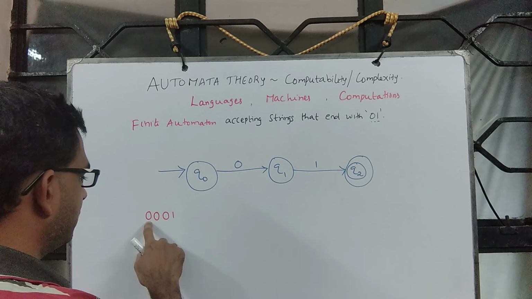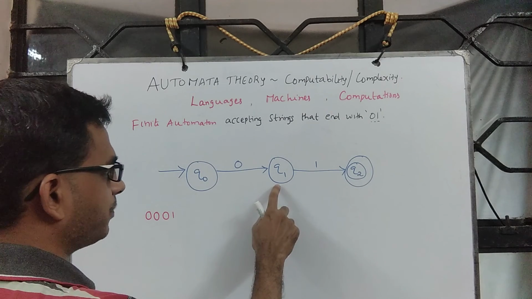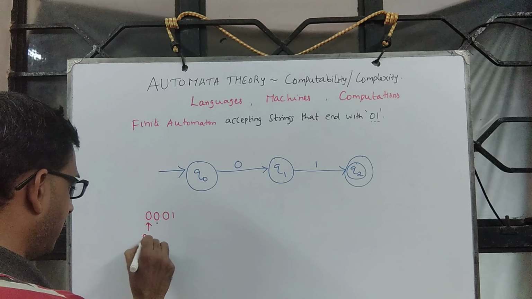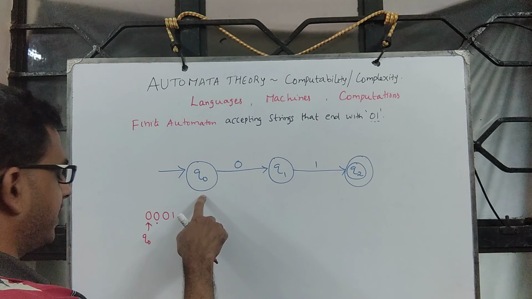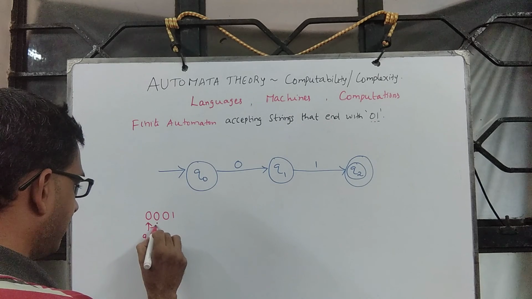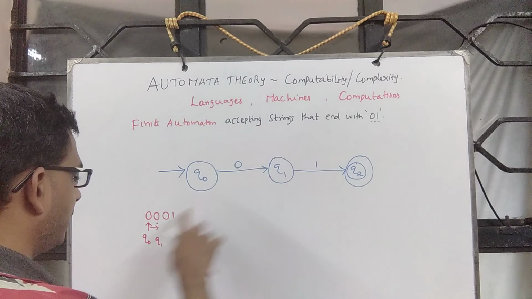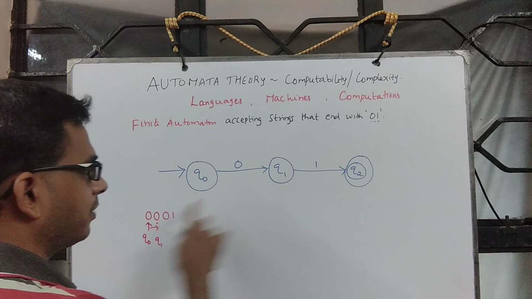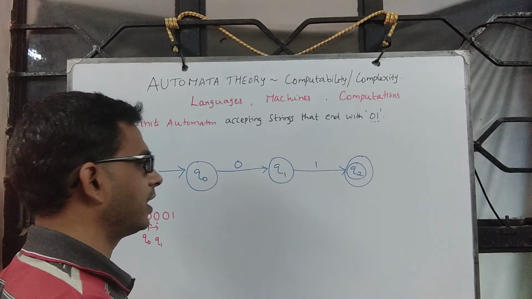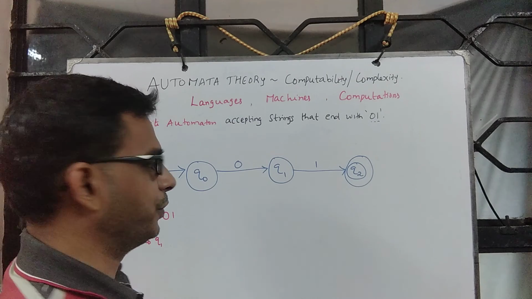For the first 0 we come over here, then what are we supposed to do for the second 0? Which means when you are at Q0, you read the 0, you move one cell right, and you are at Q1. When you are at Q1, you are seeing a 0, but there is no transition defined for 0 on Q1.